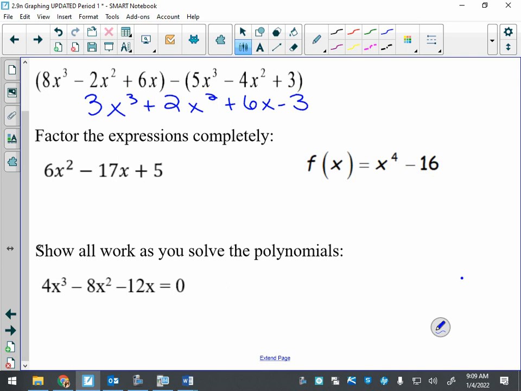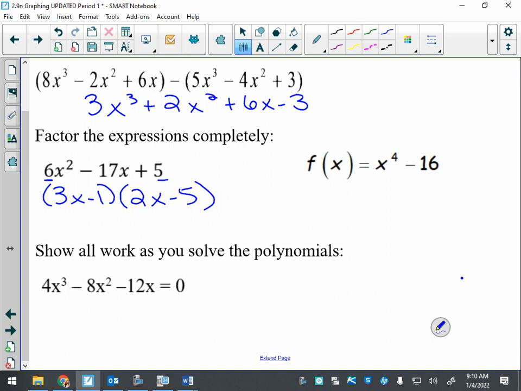Okay, for the second one, 6x squared minus 17x plus 5. What is our factored form? Yeah, Katie. Good. How many of you did get that? Remember, since you have a leading coefficient other than 1, you have to multiply a times c, which is 30.